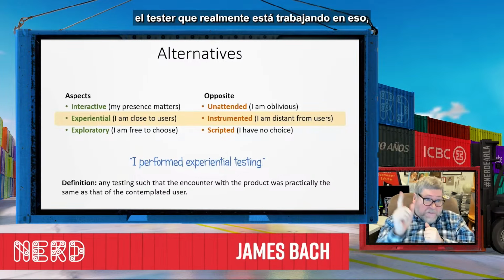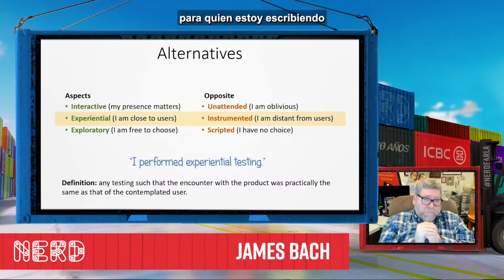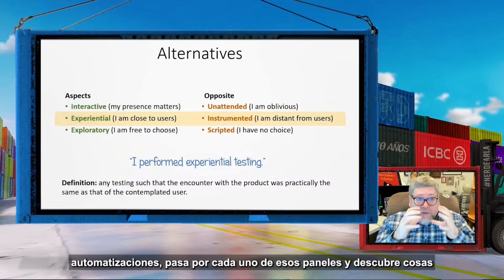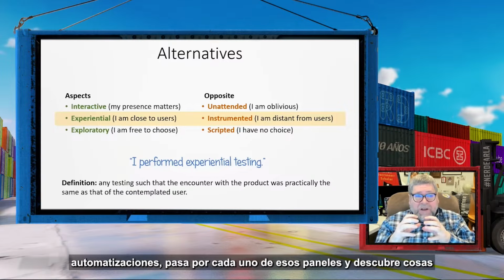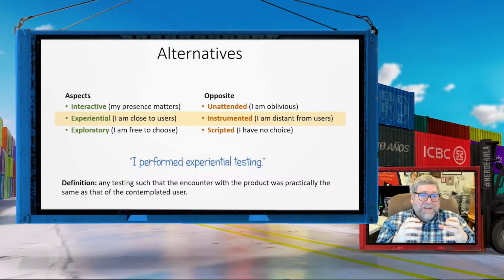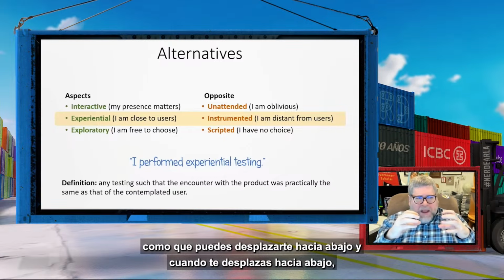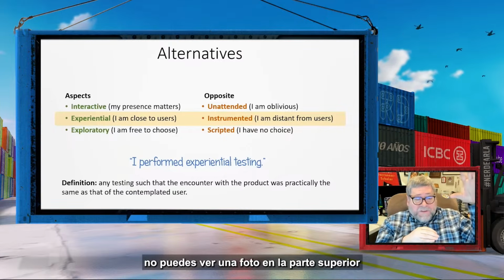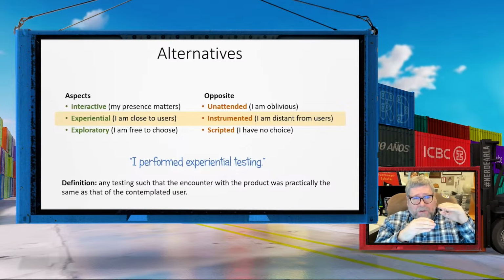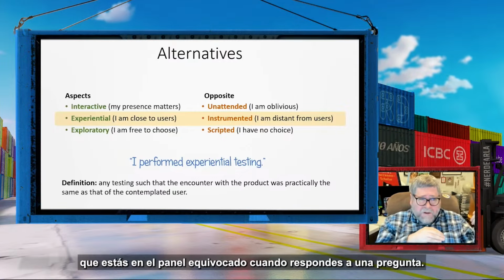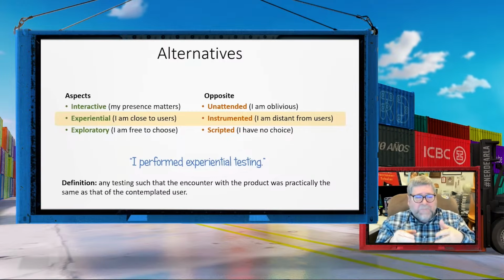So the tester actually working on that, who I'm writing automation for, he goes through each of those panels and discovers things like that you can scroll down, and when you scroll down, you can't see a picture at the top, so that you may not realize that you're on the wrong panel when you answer a question.